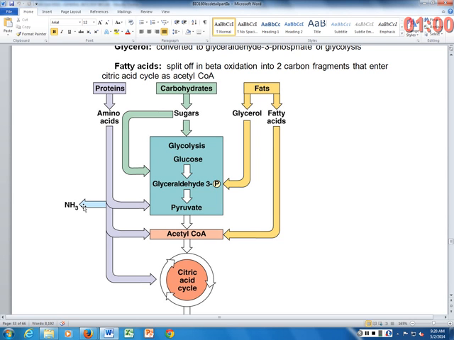That's 24 turns of the cycle to break down one of your triglycerides, where it's only 2 to break down 1 glucose. So this is a really efficient form of storing energy, is to store it as fat. Stores lots of energy with relatively little space.